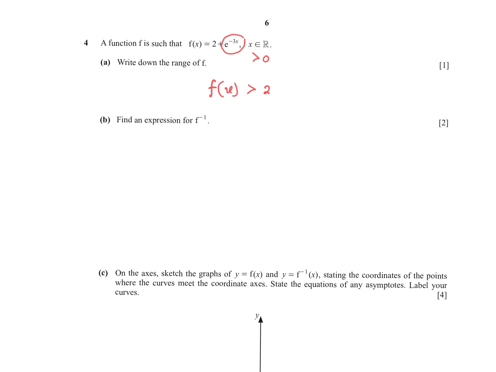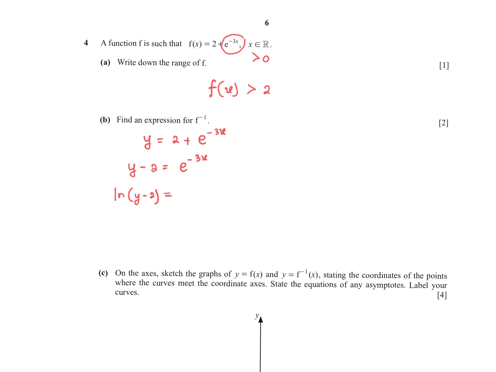To find the expression of the inverse function, let's say I simplify the f(x) into y as the notation: y equals 2 plus e to the powers of negative 3x. From this function, I want to make x the subject. I put ln both sides.